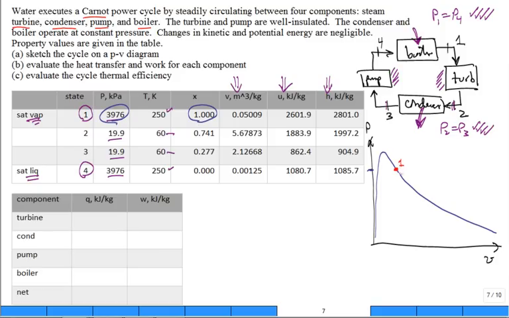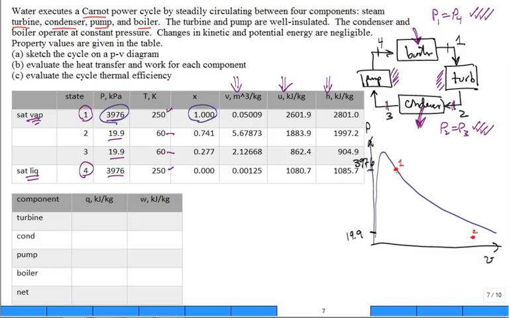And then we undergo an expansion to a low pressure of 19.9 kilopascal. You're at some quality, maybe 75% quality, right there, state 2.